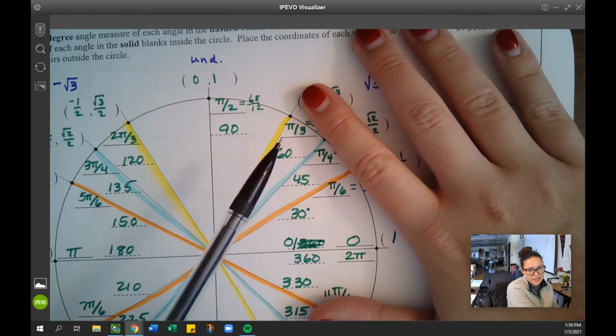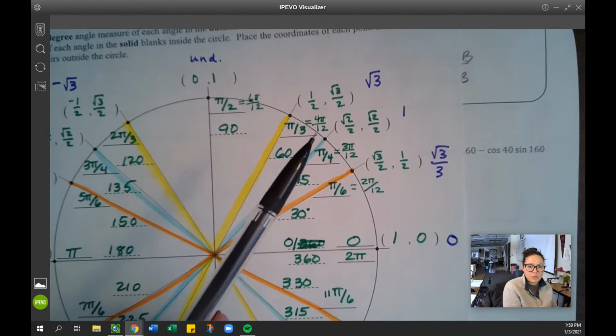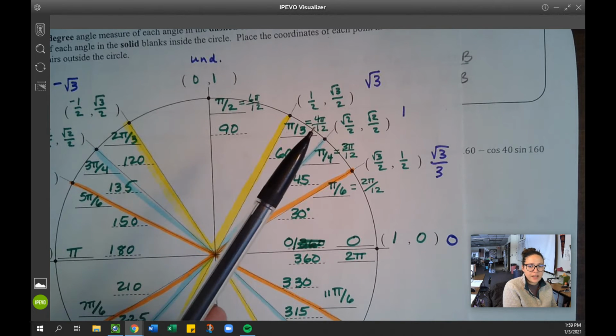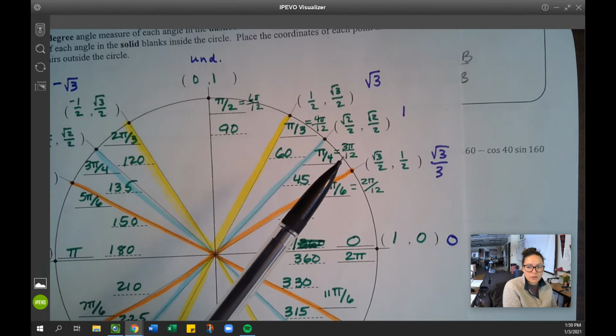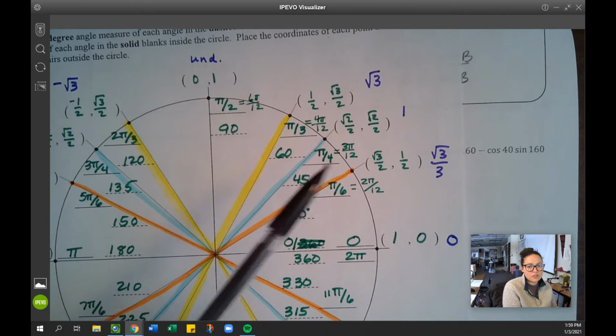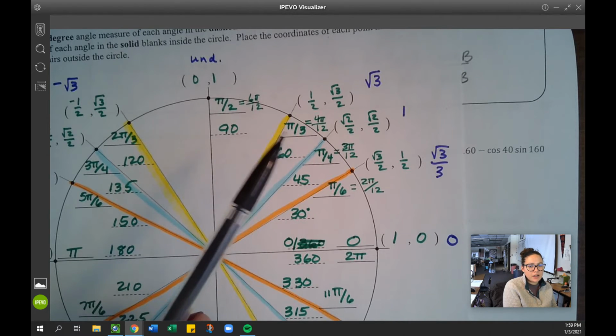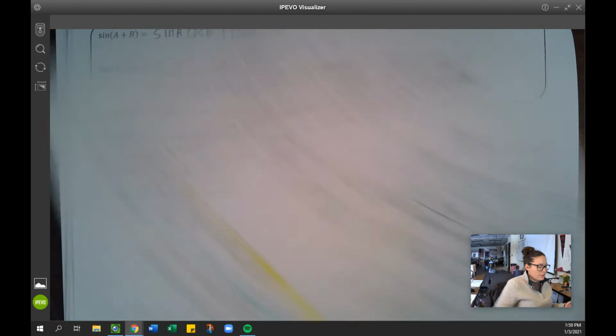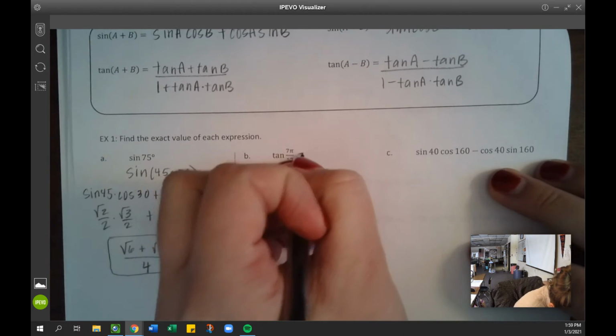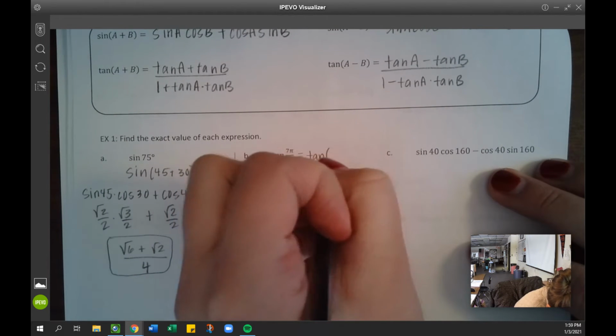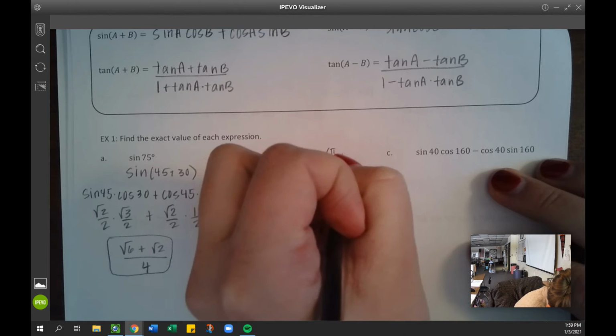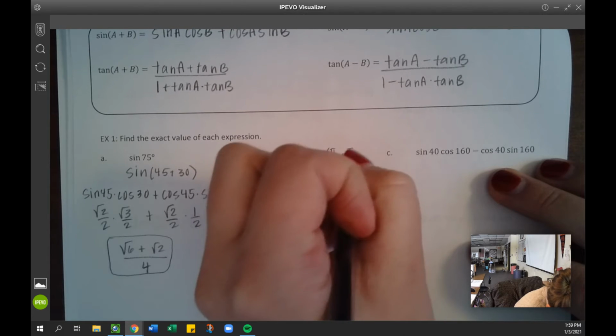If I just have this, it's not as obvious, but when I have this written out here, I can see, 4/12 and 3/12, that's going to give me 7/12. So I know I need to do pi over 3 plus pi over 4. So this is the tangent of pi over 3 plus pi over 4.